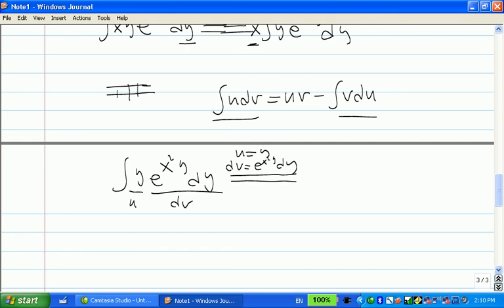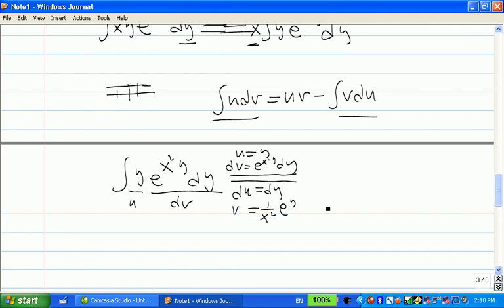Then in this formula you have to find the du and the v. So my du simply gives you dy. What is my v? To find the v, you just need to integrate the dv equation, which gives you 1 over x squared e to the x squared y, right?